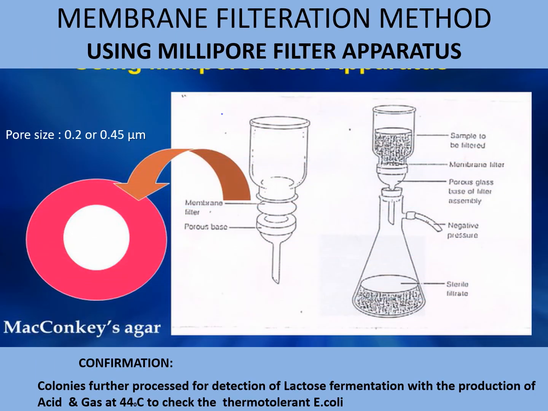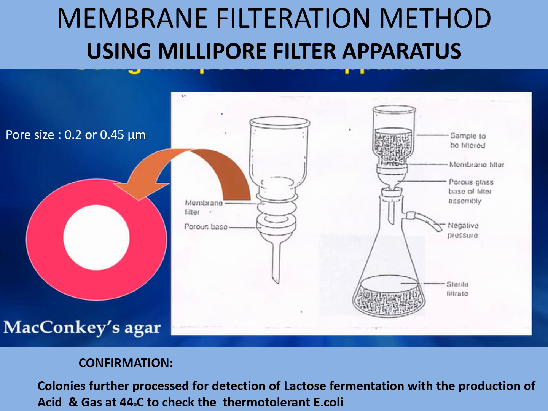The next test is the membrane filtration method. This method is based on the filtration of a known volume. You take 100 ml of water and pass it through an apparatus which has a cellulose membrane filter. The pore size is about 0.2 or 0.45 μm.